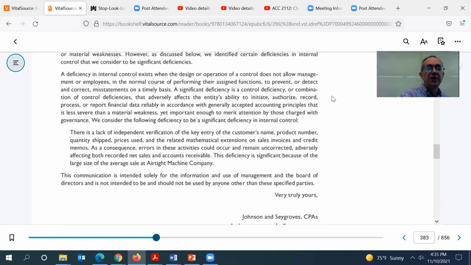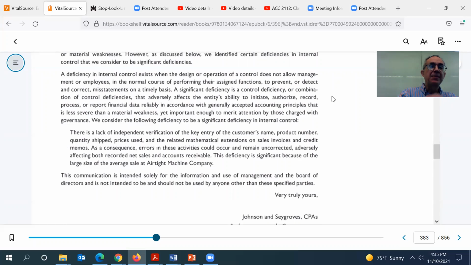And we consider the following deficiency to be a significant deficiency in internal control. And here's what's wrong. There's a lack of independent verification. We know that we always need that. It must be independent, or a separate duty, somebody checking over something.